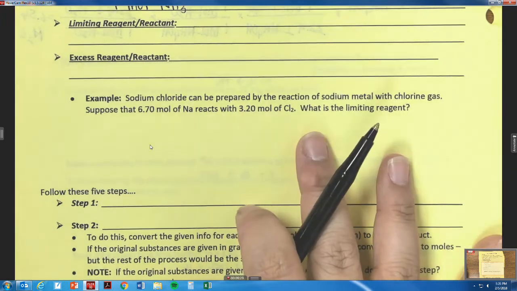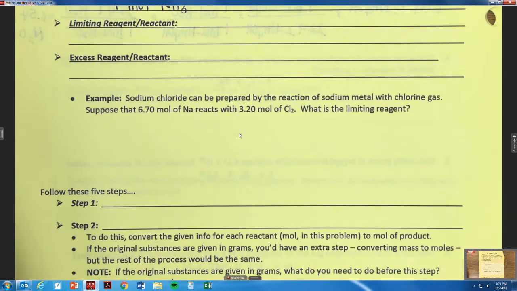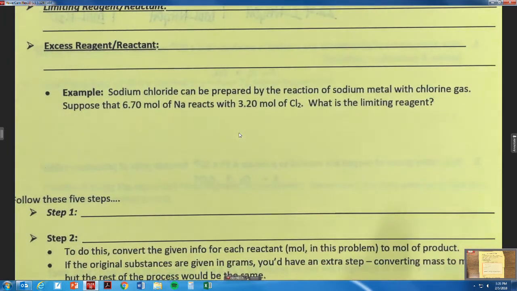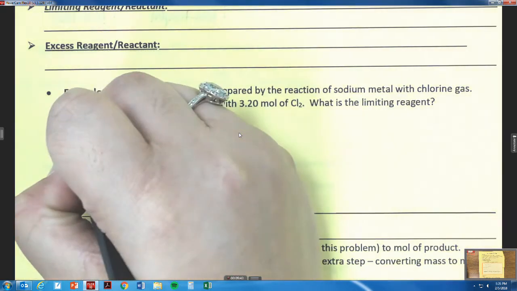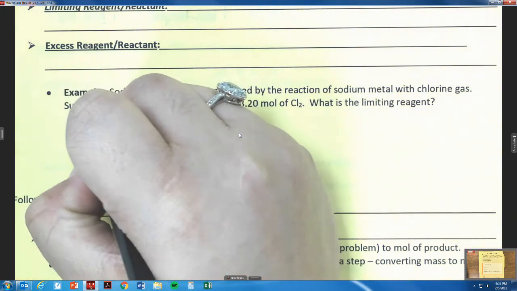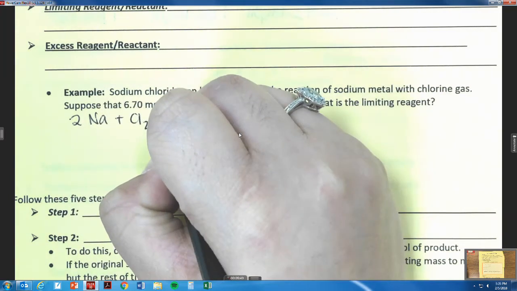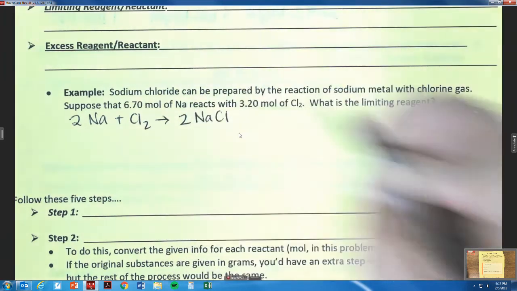Remember, our first step is to write a balanced equation. Our balanced equation is going to be 2Na plus Cl2 yields 2 moles of sodium chloride.